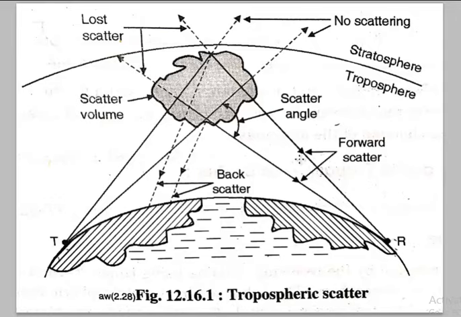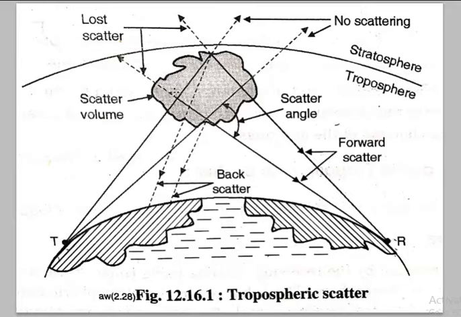So this becomes the forward scatter, and you can see this becomes the loss scatter. The incident portion of the receiving antenna that goes beyond this scatter volume is the loss scatter.